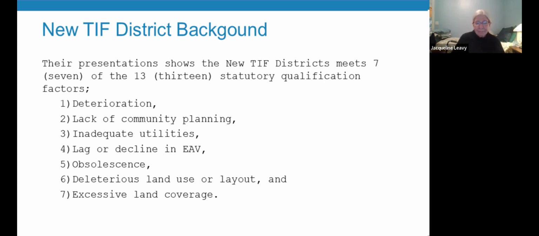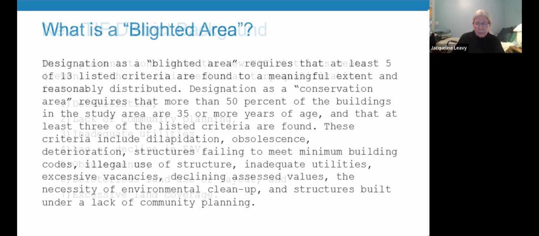Okay, so the difference between a conservation TIF area or a designated blighted area, they're again still meeting the 13 listed criteria, but a blighted area only has to meet 5 of those listed criteria, correct? Well, actually, I think it's the percentage of the buildings in the study area that are of a certain age, 35, that is the giveaway here.